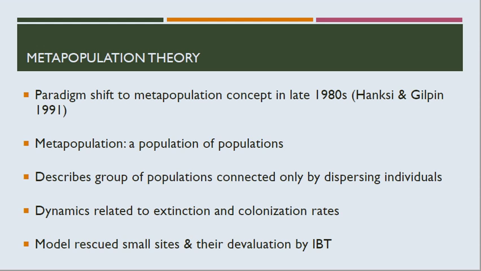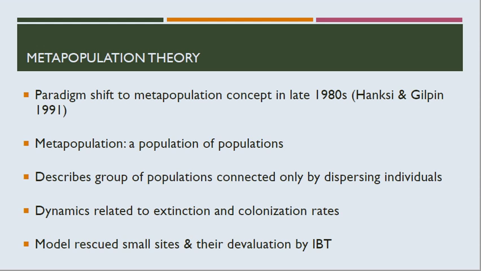Now, quite often the reason why you would have small populations of individuals of a particular species scattered across the landscape is because those species require particular habitat requirements, which may be very patchy across the landscape.